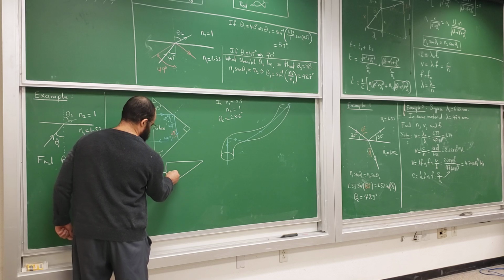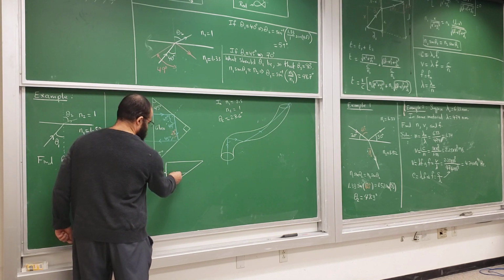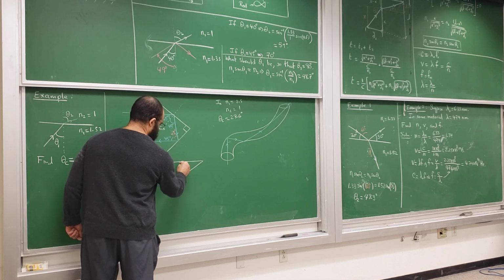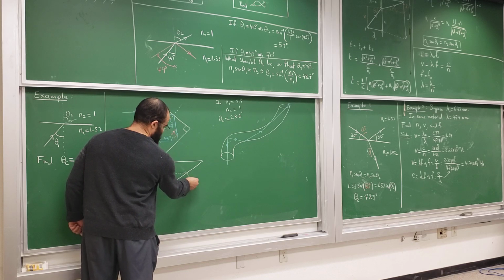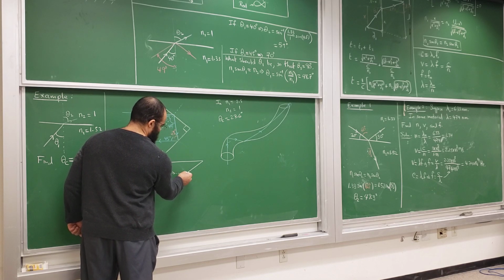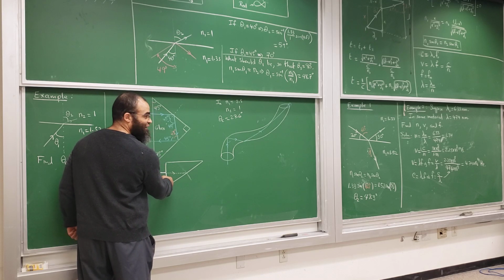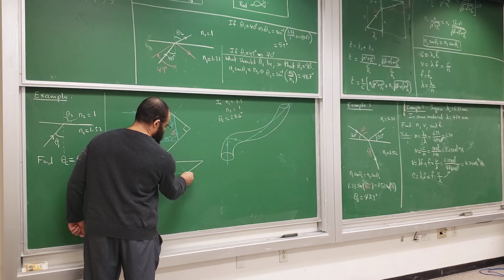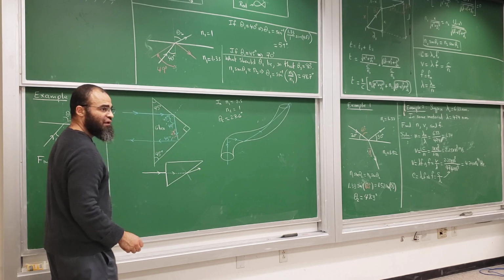Light comes in like this, and here it doesn't bend, because it's 0 degrees. But as it exits, will it bend toward the normal or away from the normal? This is probably not the best example, I should have chosen this side of the prism. But let's say it will bend away from the normal, like so.